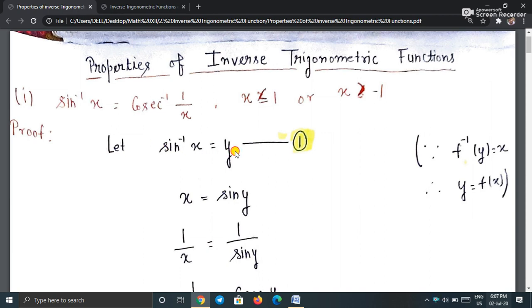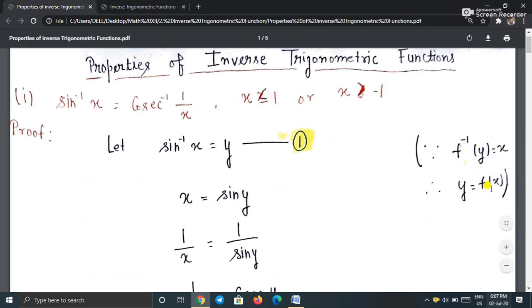Let sin inverse x is equal to y. Now x is equal to sin y. इसमें हमने यहाँ पर कौन सी प्रॉपर्टी यूज़ की, यहाँ पे हमने बेटा ये प्रॉपर्टी यूज़ की, if f inverse y is equal to x then y is equal to f x. Don't be confused, ऐसा नहीं है बेटा ये साइन इनवर्स इस साइड गया तो यहाँ पे -1 पावर खत्म हो गई, this is not the power, this sin inverse denotes the inverse of sine function, right? And if inverse image of y is x then y is the f image of x, right?